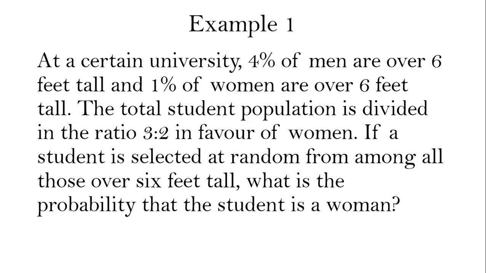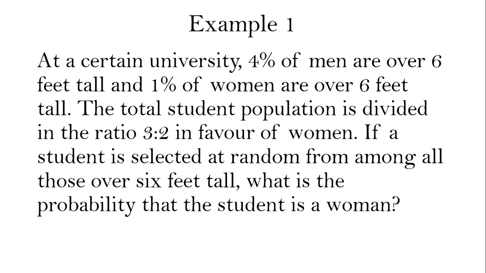The probability that a student is female should be 3 over 5, because the total ratio, 3 plus 2, is 5. With the ratio in favor of the females, the probability of female is 3 over 5. Similarly, the probability of male is 2 over 5. Now if that is true, what do the other probabilities mean?